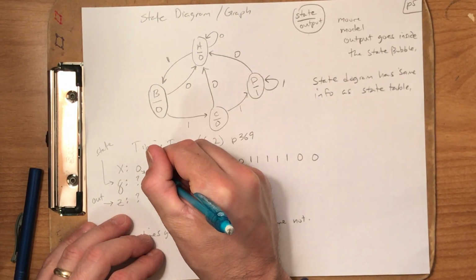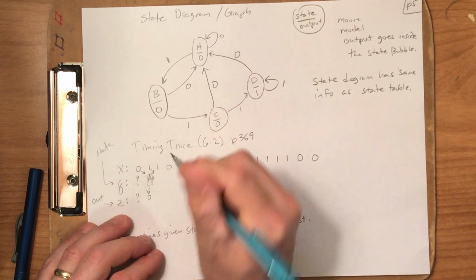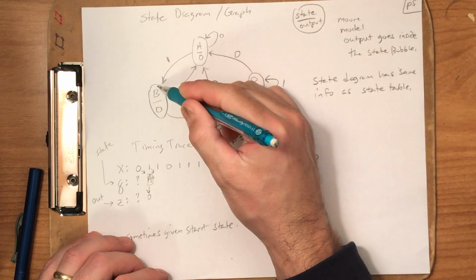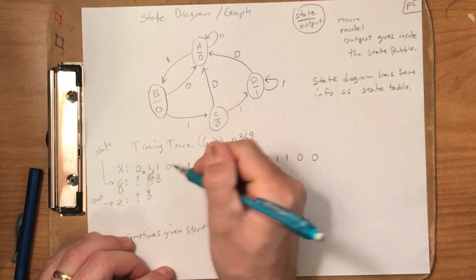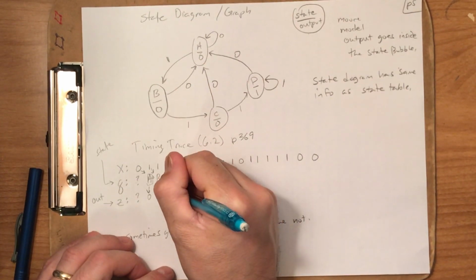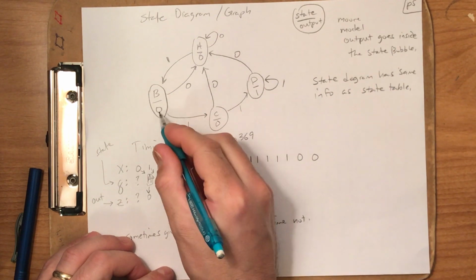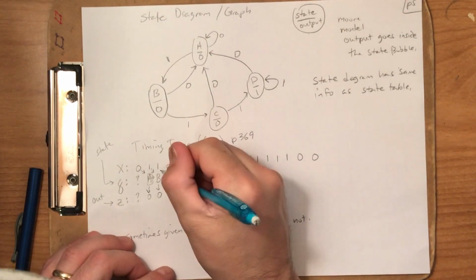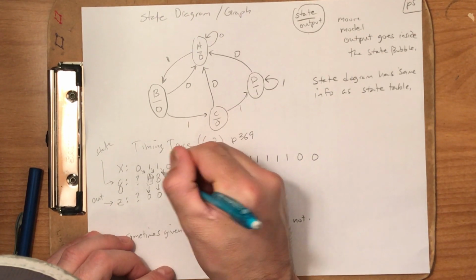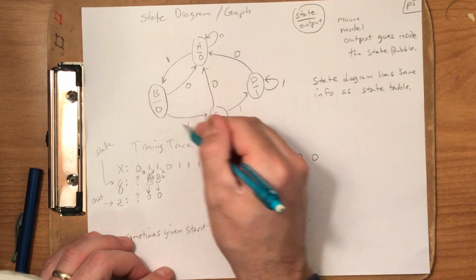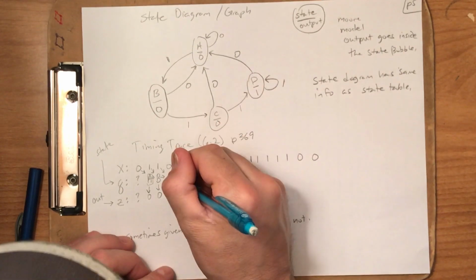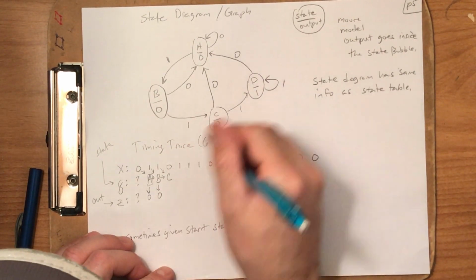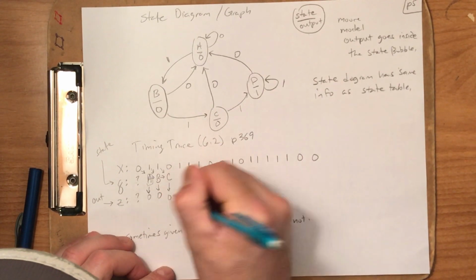Now both the 1 and the A inform us where to go next. If we're in A and we receive a 1, we go to B. And then this B tells us that the output is 0. B's output is 0. So there again, a 1 and a B takes us to state C. State C, the output is 0.